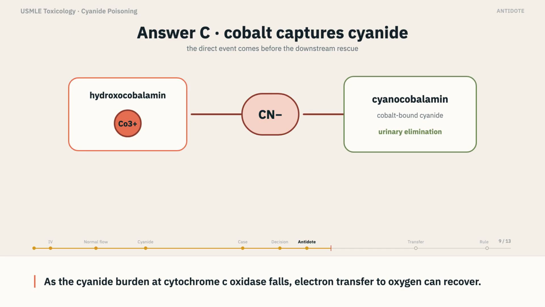As the cyanide burden at cytochrome C oxidase falls, electron transfer to oxygen can recover. Proton pumping, the gradient, and oxidative phosphorylation can then recover as well. That downstream recovery is the benefit. Cobalt binding is the first molecular event.